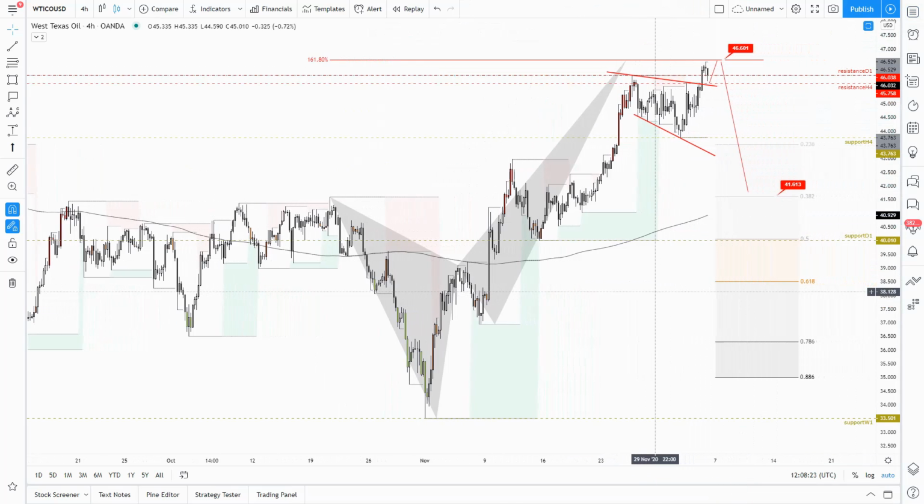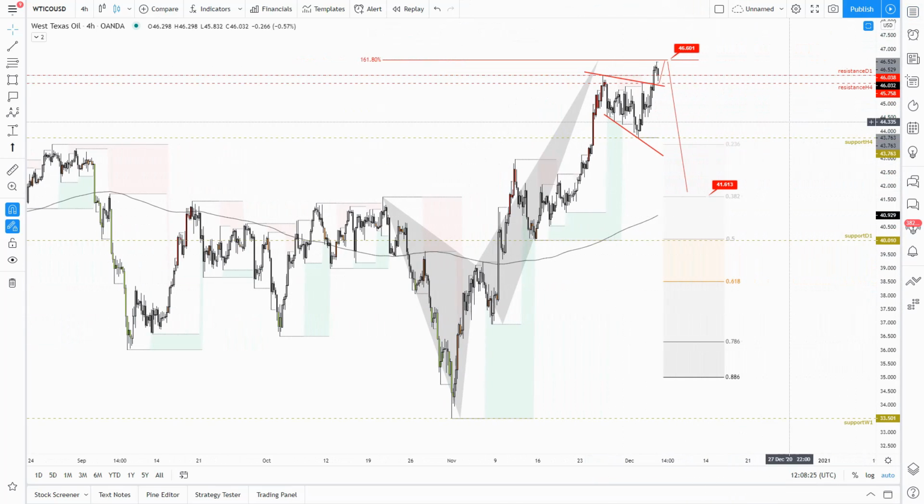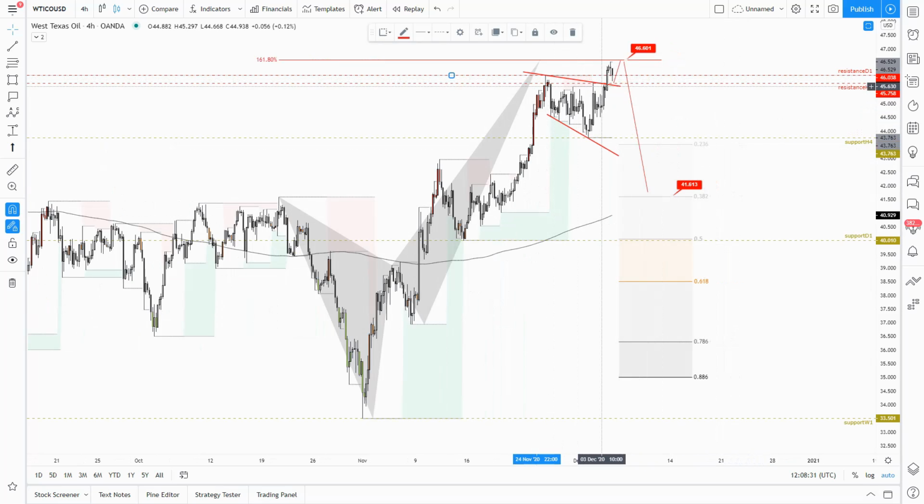So this is crude oil now trading above the previous structure highs and daily fractal resistance. I shared this yesterday as a potential descending flag or a consolidation process, and I shared with you the possible violation of this structure resistance above.